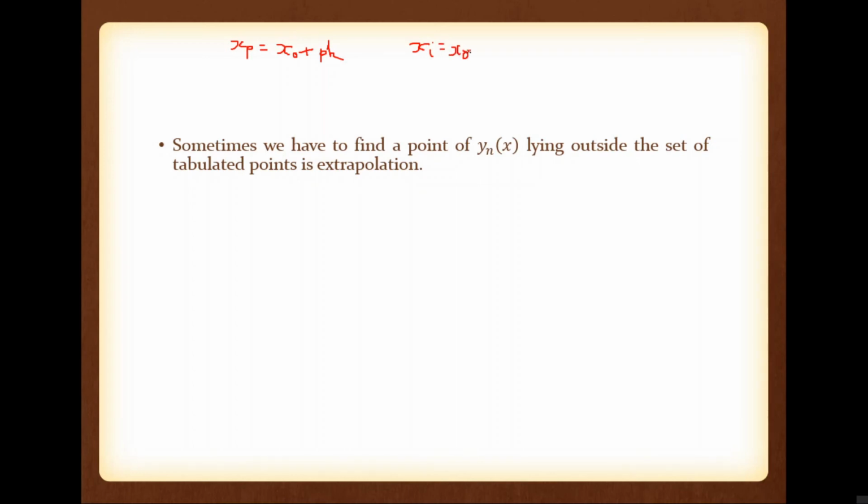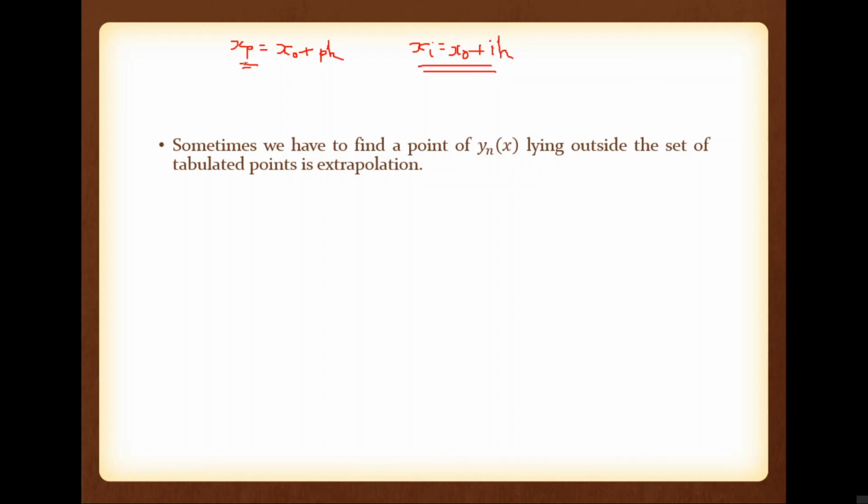What is the difference between these two equations? This equation is used to relate the given x values with respect to x0. And what is the important thing here? i is an integer. Here p is a floating point, may or may not be an integer, because this one corresponds to the new point.